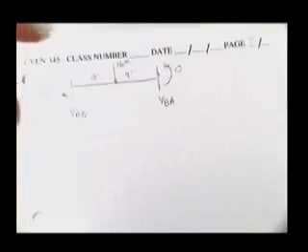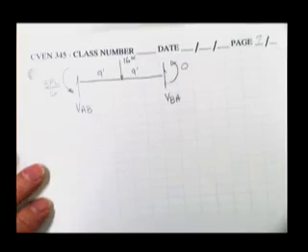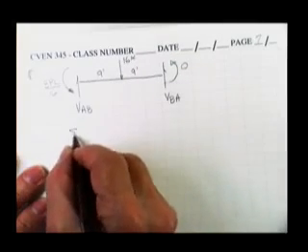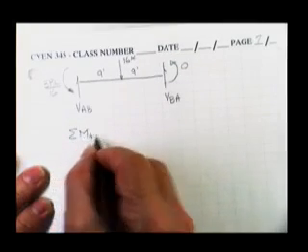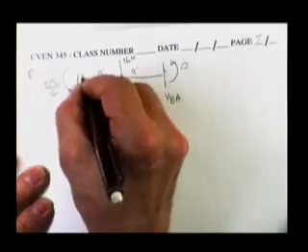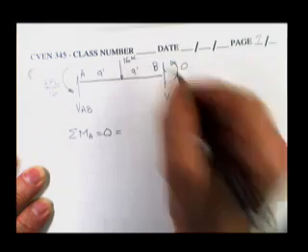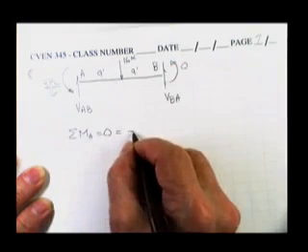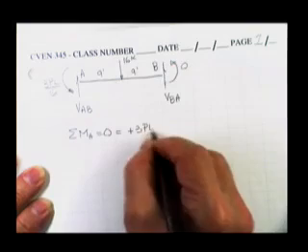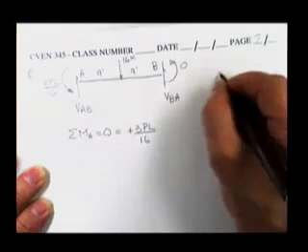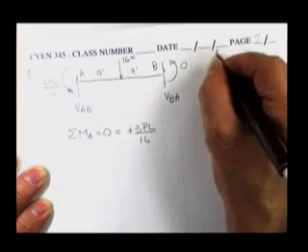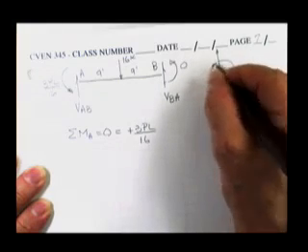Now then, I ought to be able to put that in equilibrium. Sum of moments about A is equal to 0, is equal to plus 3PL/16. I like this sign convention for statics. It's up to you.